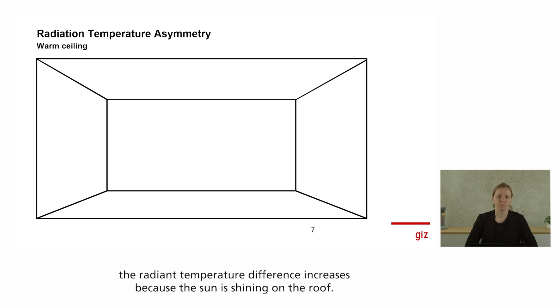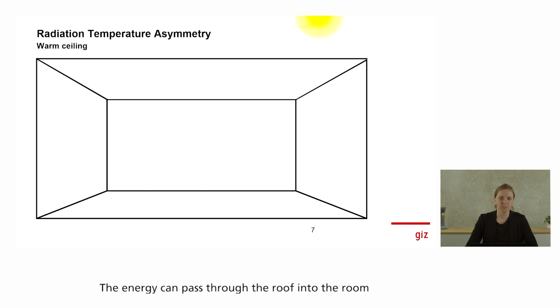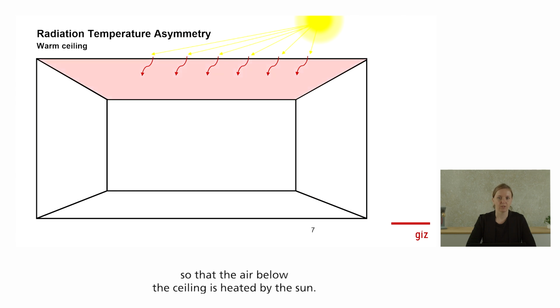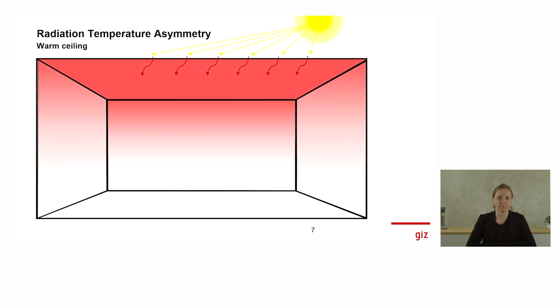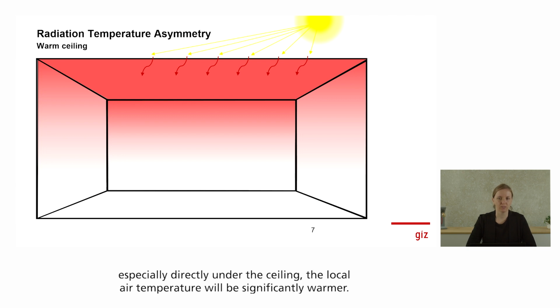For example, the radiant temperature difference increases because the sun is shining on the roof. The energy can pass through the roof into the room, so that the air below the ceiling is heated by the sun. This temperature increase is perceptible in the whole room, but especially directly under the ceiling, the local air temperature will be significantly warmer.